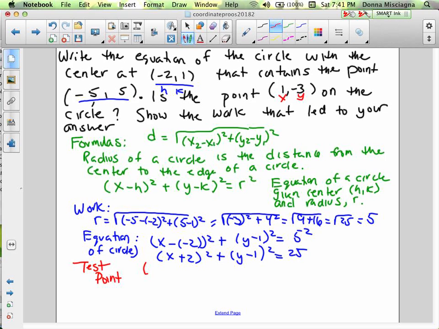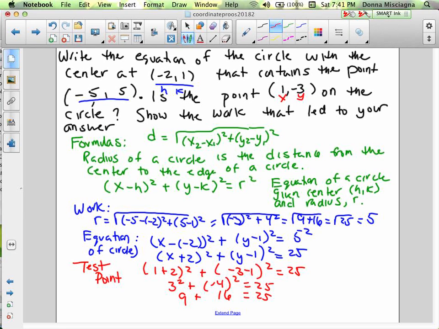So we have 1 plus 2 squared plus -3 minus 1 squared equals 25. 1 plus 2 is 3. -3 minus 1 is -4. 3 squared is 9. -4 squared is 16. And look, we get a true statement.